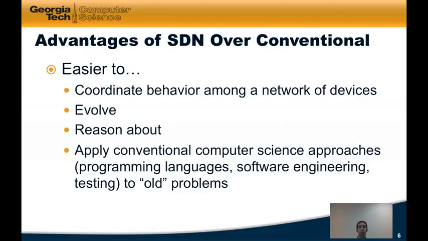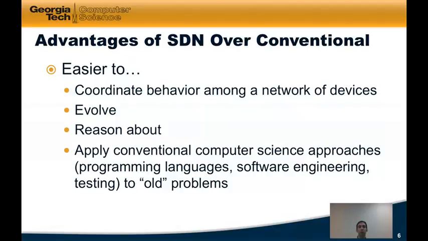For example, if you wanted to load balance traffic across a network, or make sure that your security policies didn't interfere with your load balance policies, these types of coordination are much easier in a software-defined network than in a conventional network where the network operator has to configure and control each device independently in a low-level vendor-specific language.